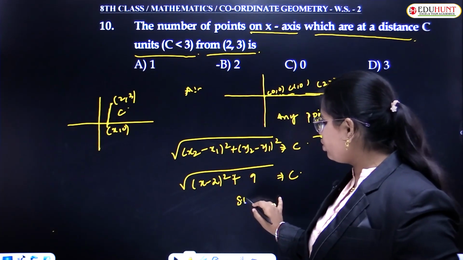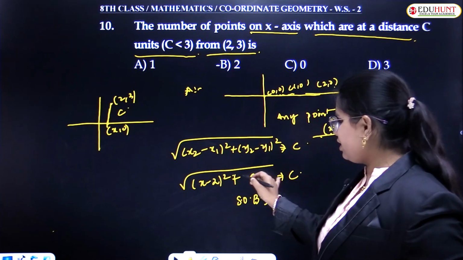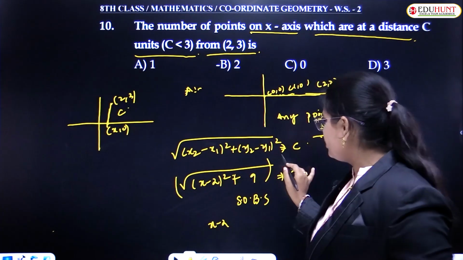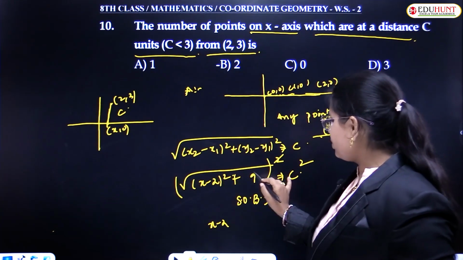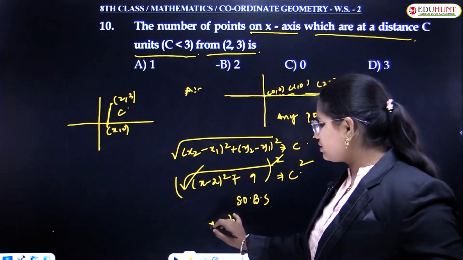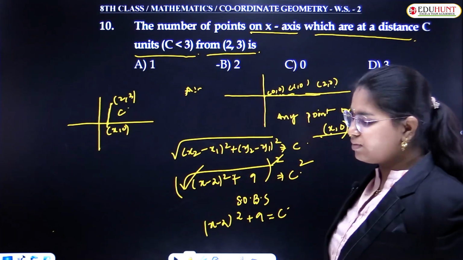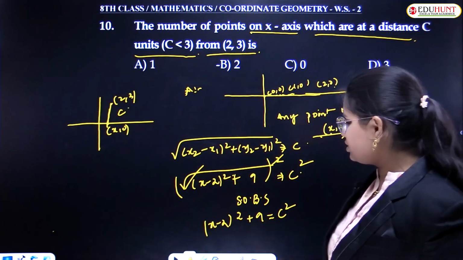Do the squaring on both sides in order to cancel the root. The square and the square root cancel. So x minus 2 whole square plus 9 is equal to c square.